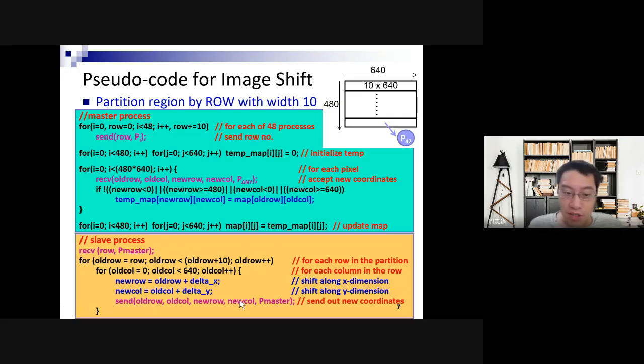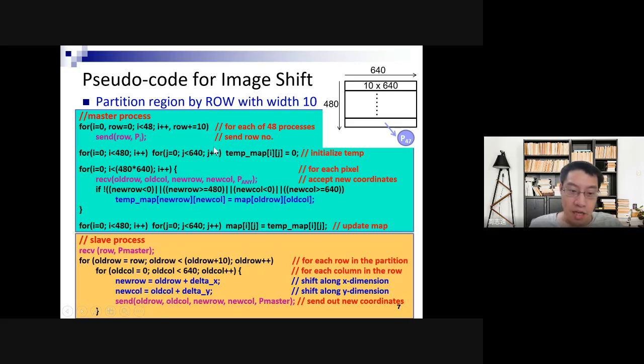So we have a master and the slaves. The master does the work of task partition and scheduling, while the slave processes simply receive tasks from the master and start doing whatever image transformation operations on those pixels.